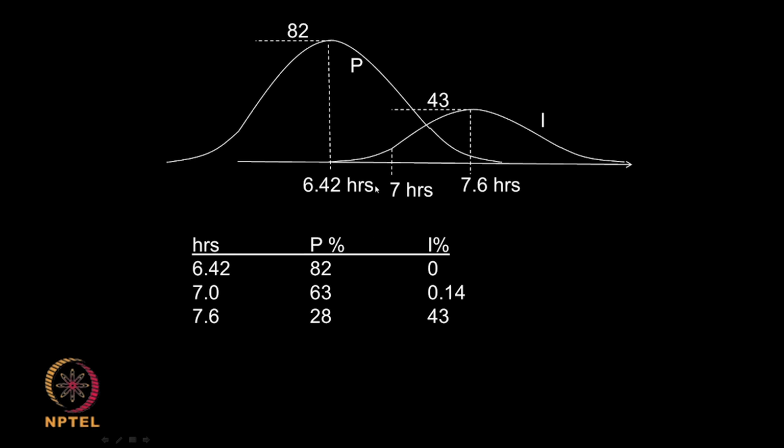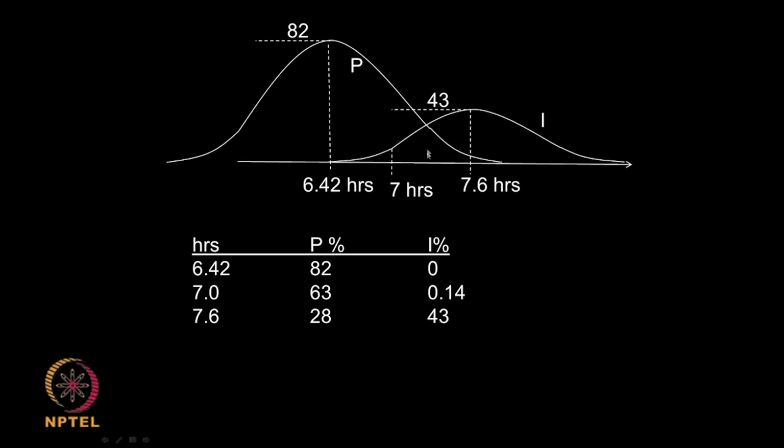At a time equal to 6.42, product is 82% and the impurity is 0%, at 7.6 product is 28%, impurity is 43%, at 7, that is here, product is 63%, the impurity is 0.014%.